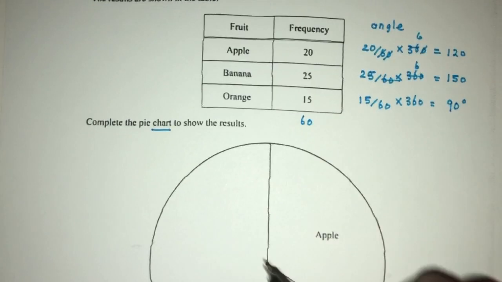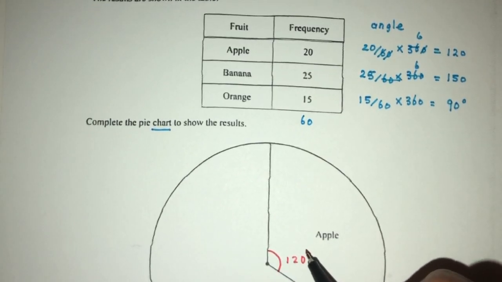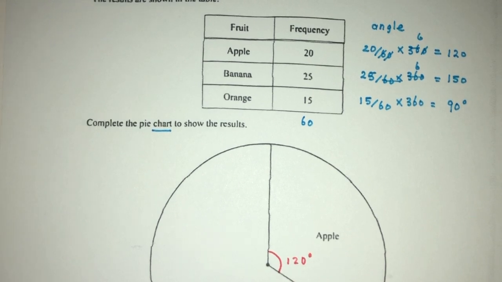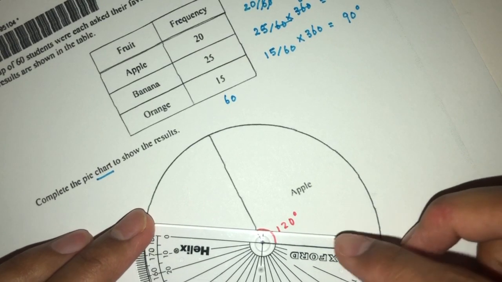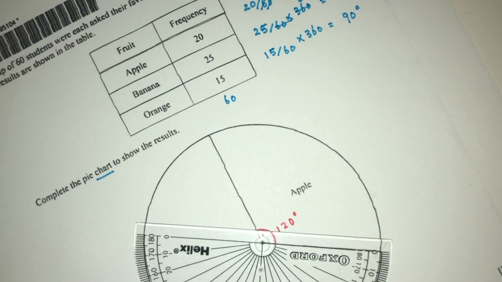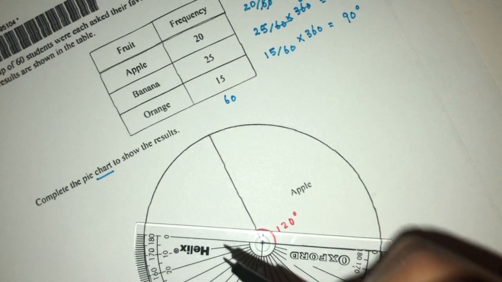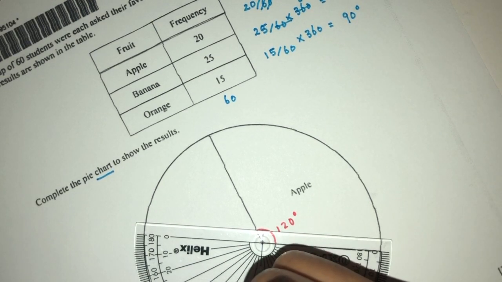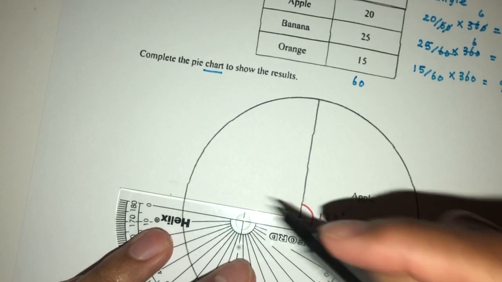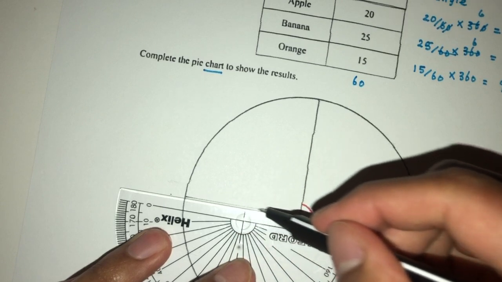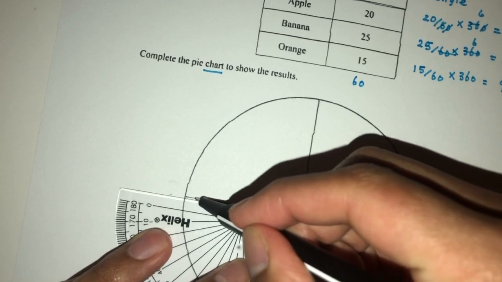So the first one here is 120 for apple. And we have to draw the rest, which is banana. First we have to measure the angle, which is 150 for banana. So center here, and then 150 will be somewhere over here. Let's check, 150 will be on this line. So join these two to form the shape for banana.